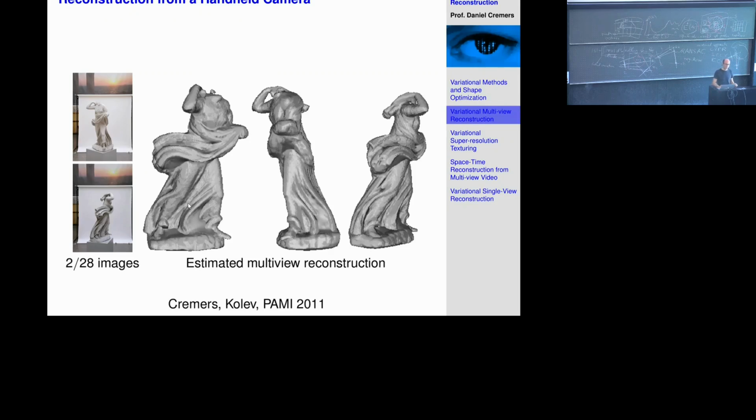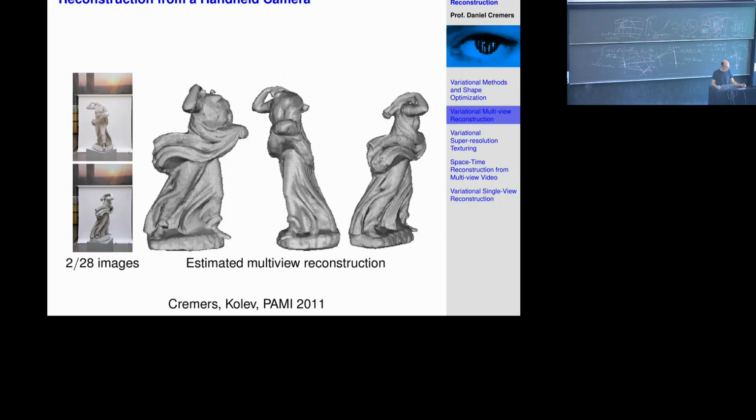Here's more examples where you can see we can recover dense reconstructions from a set of images, typically 20, 30 images, and we can get very fine scale reconstructions where a lot of the creases in the clothing are properly reconstructed.